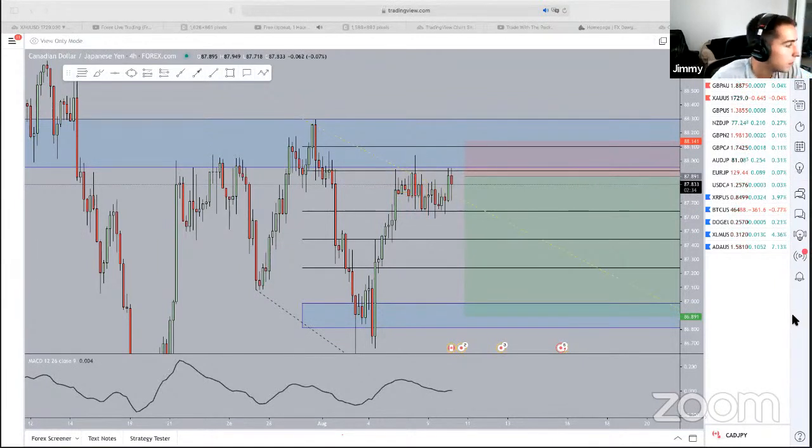For the entry, I'm looking to have an entry close to the higher high, to this high point, but I don't want an entry at this level, because if you go on H1, but we don't need to go on H1 at this point, this is a kind of grab of liquidity, like I said previously on the other analysis.